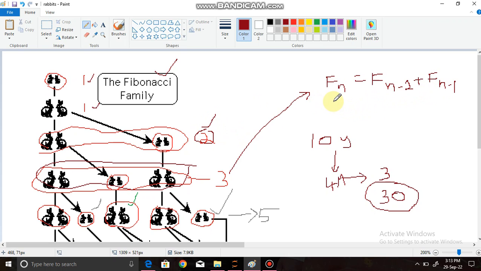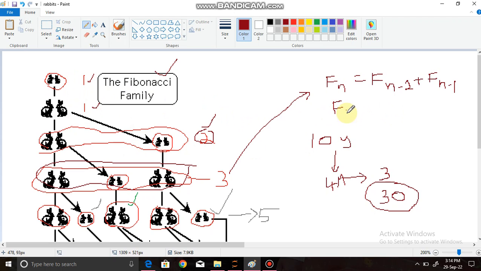That is, the number of pairs in this row can be given by adding the preceding two numbers of pairs. If you take this one, it has 3 pairs, so f3 is equal to f2 plus f1. If you start from 0, it is f0, f1, f2, f3.